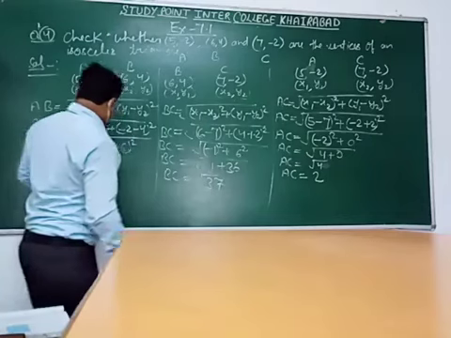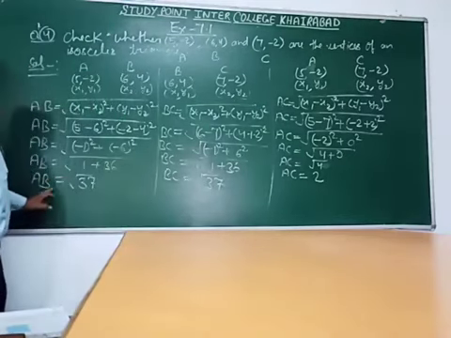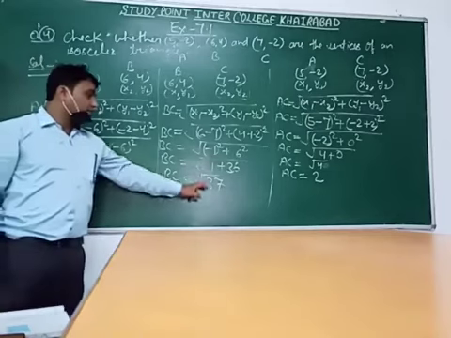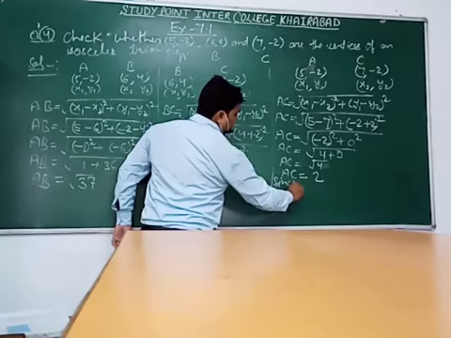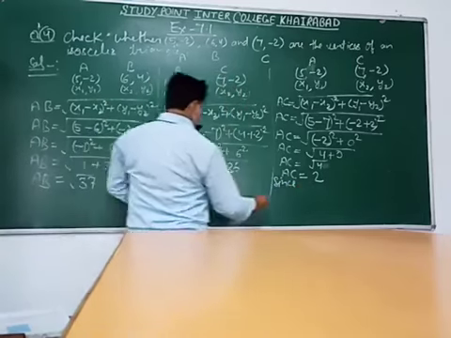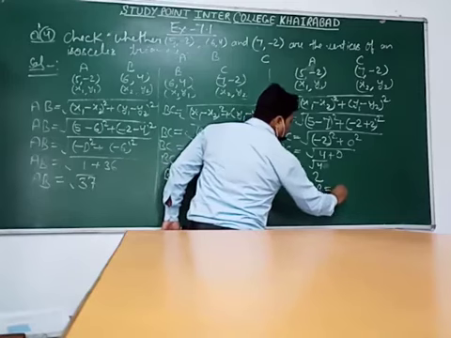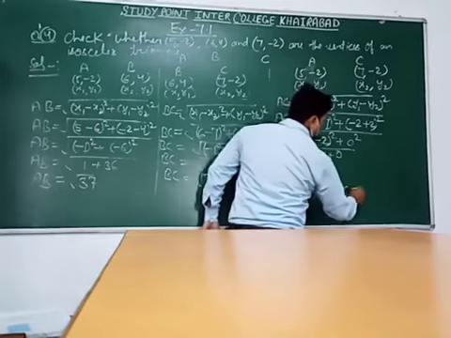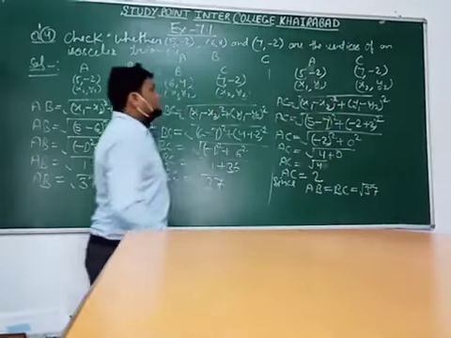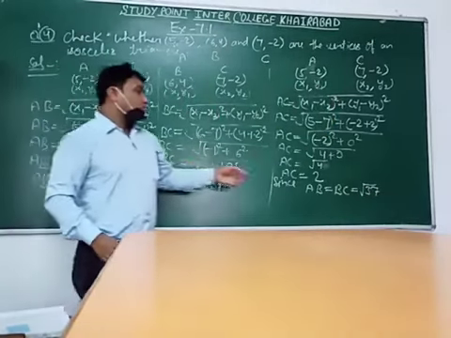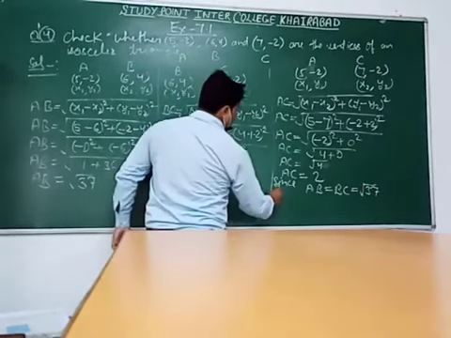As you are seeing in the solution, AB equals root 37 and BC equals root 37. Since AB equals BC, the lengths of two sides of the triangle are equal, so this is an isosceles triangle.